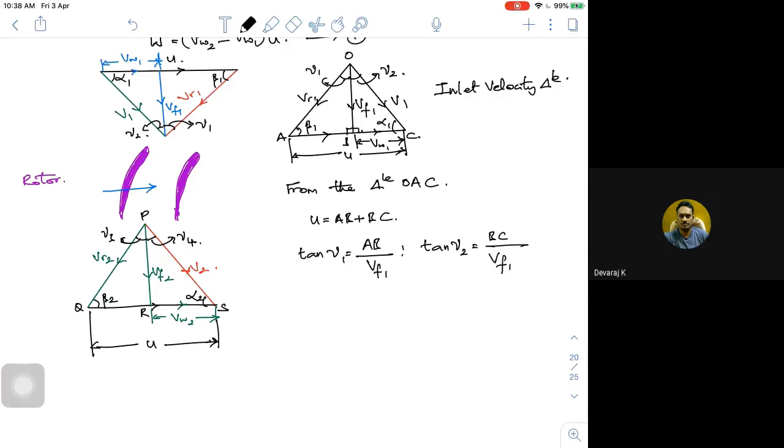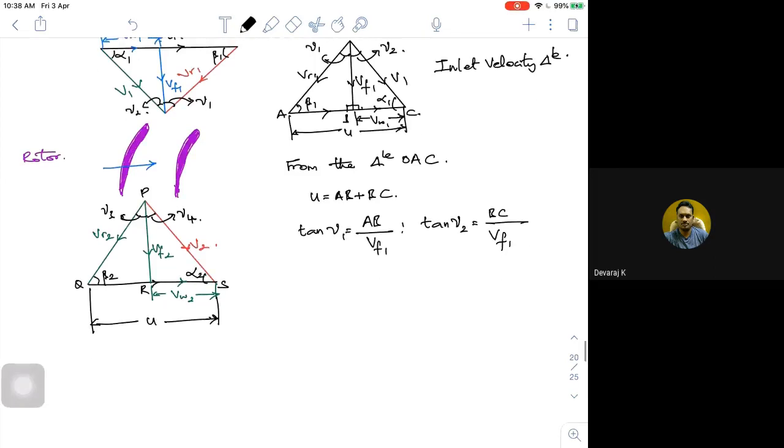Some books call it VA, that is the axial velocity, the flow velocity in the axial direction. So VA is also fine. Now I can write AB is equal to VF1 tan gamma 1, and similarly BC is equal to VF1 tan gamma 2.